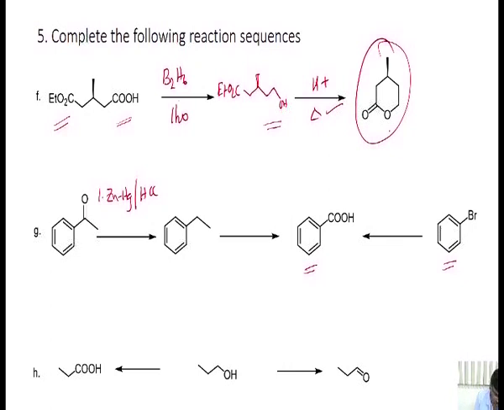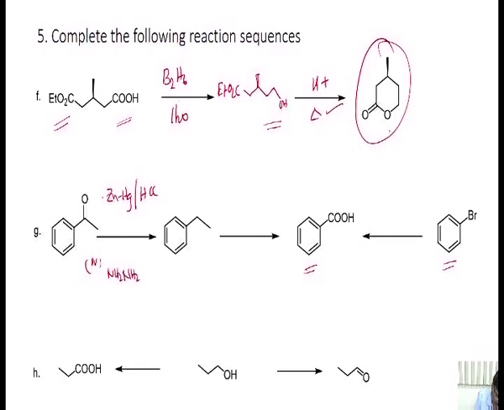Alternatively, you can also reduce the ketone into hydrocarbon using Wolff-Kishner reduction, which involves reaction with hydrazine to give hydrazone.